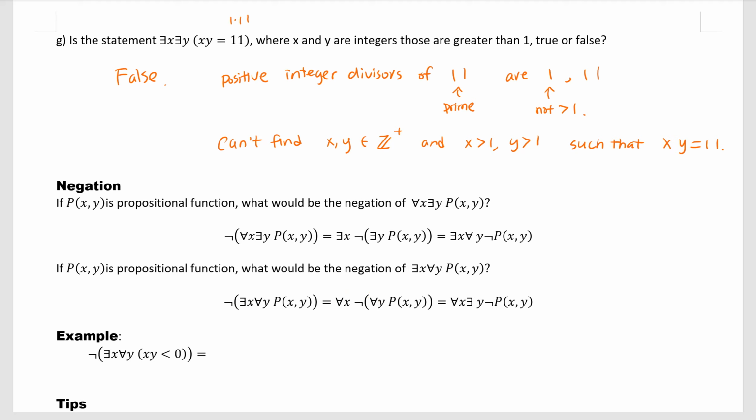Okay, so for sets, an analogy, right? For numbers, we have the negative sign. It flips inequalities.